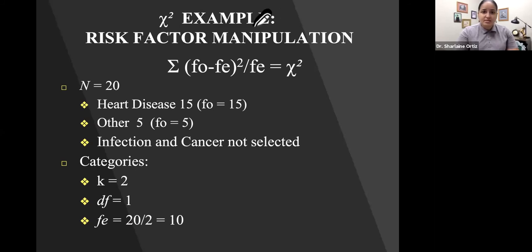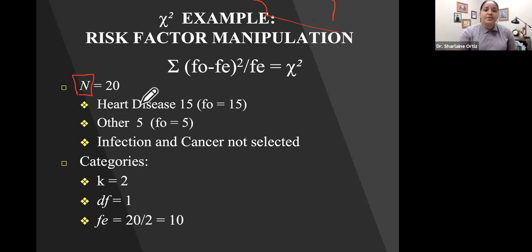So let's consider an example in which I have indeed conducted a sample, right? I recruited my participants, and remember that N represents the number of participants.